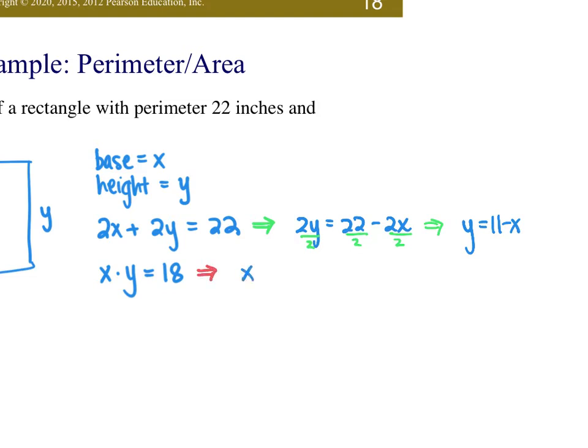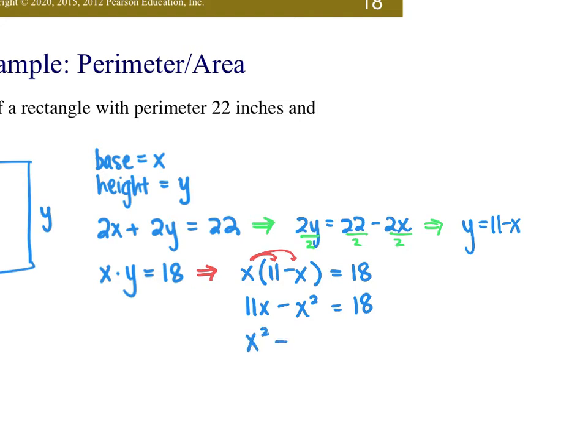So then x would be multiplied by 11 minus x, and that would be equal to 18. And I would distribute. And so I'll have 11x minus x squared equals 18. Now a squared problem, you have to set equal to 0.